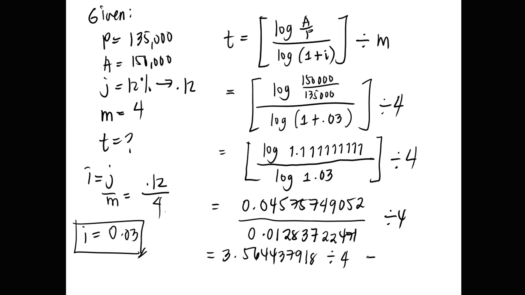So, final answer will be 0.89. Okay. So, ibig sabihin po, since 0.89 yung nakuha ninyong final answer, 0 yung whole numbers, ibig sabihin hindi siya umabot ng isang taon. So, since wala po siyang taon, yung decimal po, matik na yung i-convert ninyo into months. So, months lang po ang magiging final answer ninyo. So, 0.89 po times 12, final answer is we have 10 months. For this example number 2.